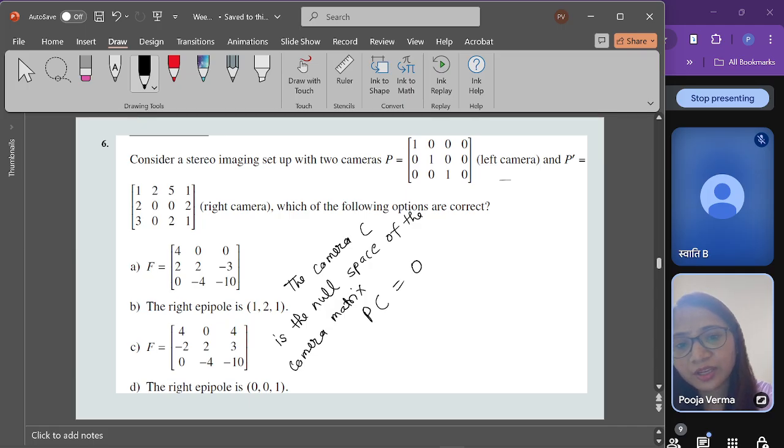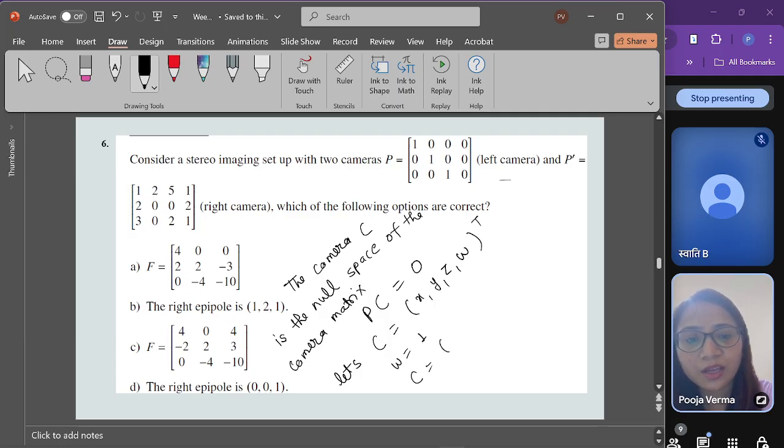So here P is given, and let's say that the camera center C is represented in vector form, that is in the form of X, Y, Z and W, right? In any case, we have to make W equal to 1. So this camera center we can write in this form also, X, Y, Z, 1 transpose.